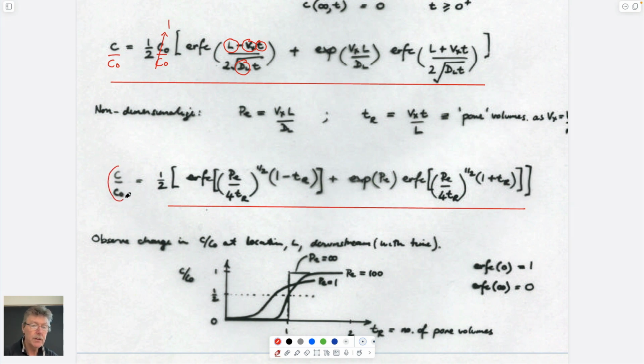One is relative concentration. One is the Peclet number, which is the ratio of advective to dispersive fluxes. And the other one is this pore volume, which is equal to 1 when a pore volume has completely flushed the core down to the point where you're measuring it, and it's given by advective velocity, time, and length.